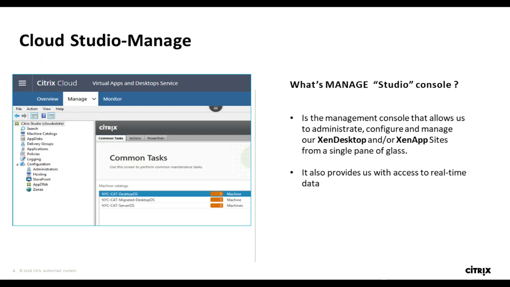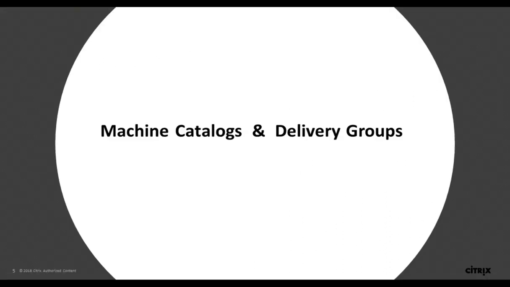Also, from the console, you can see how many users are logged onto which machine catalog. You can restart or shut down machines, send out messages to logged-in users, and of course, log off users if needed. The Manage console is also used to put machines or machine catalogs in maintenance mode.